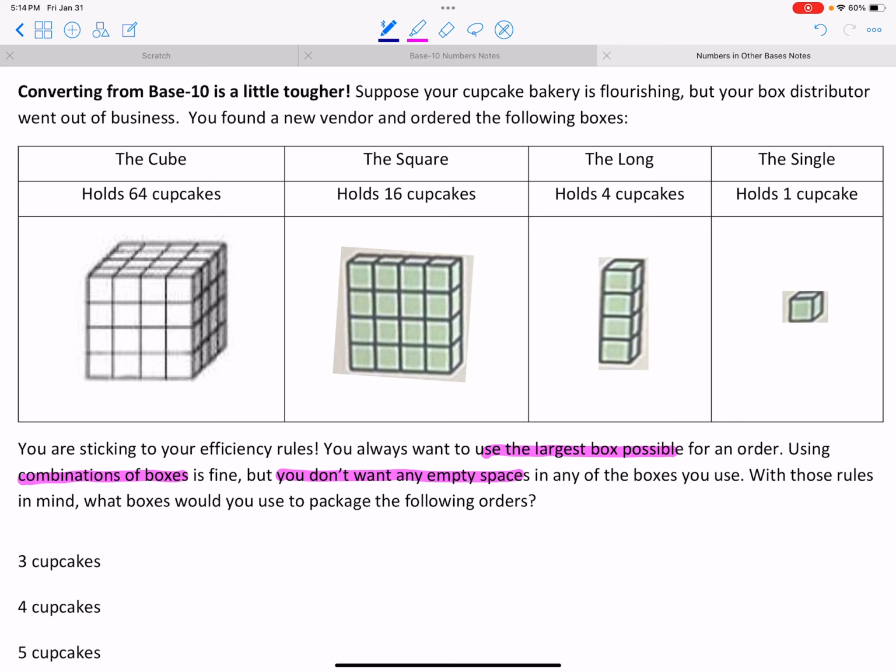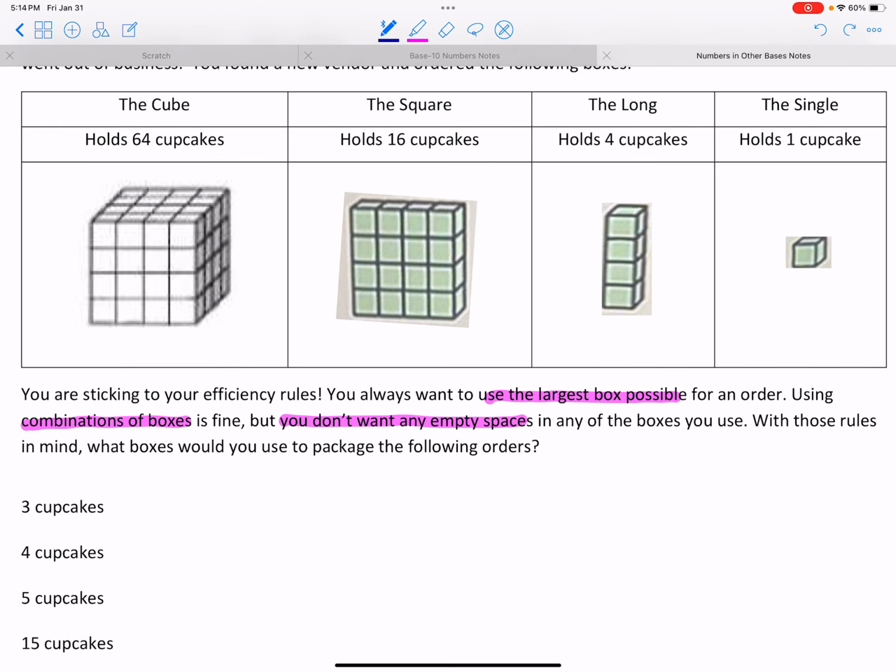So 3 cupcakes. We're not going to the long box yet because there would be an empty space. So you're going to use 3 singles. Okay? A single digit number is going to be the same in every base, so that should make sense. If I had an order for 4 cupcakes, if I add just one cupcake to that order, then I've got to go up to the long box because I want to use the largest box possible, and those 4 cupcakes fit perfectly in that long box.